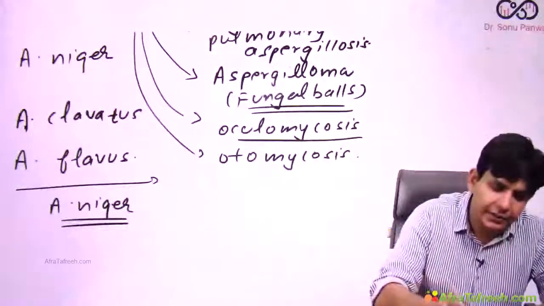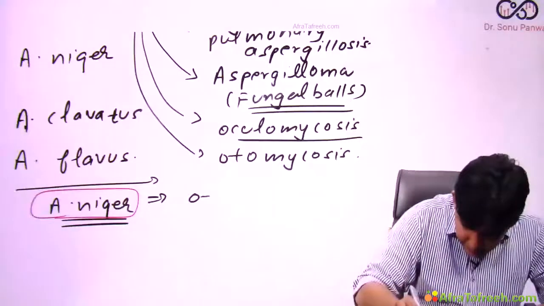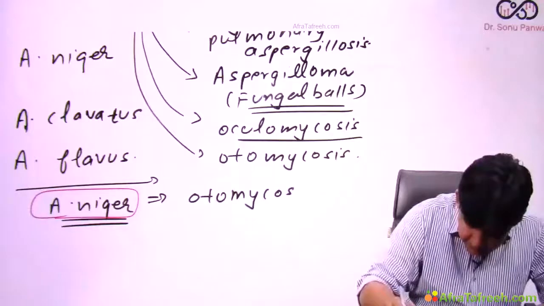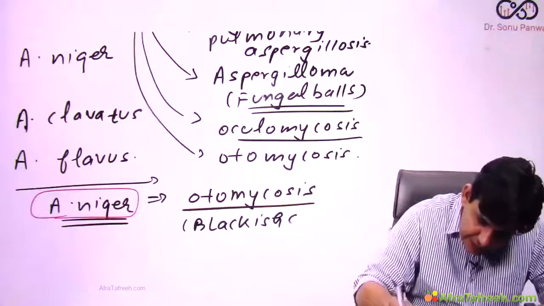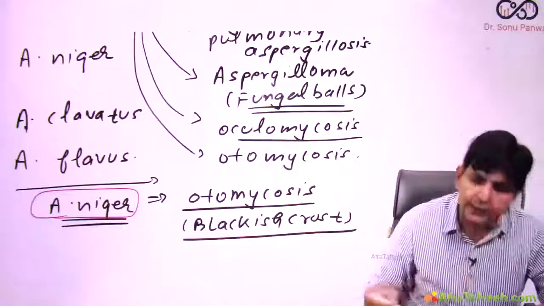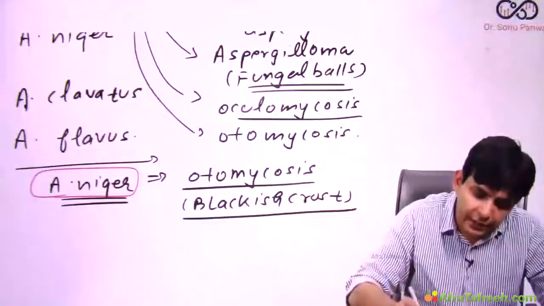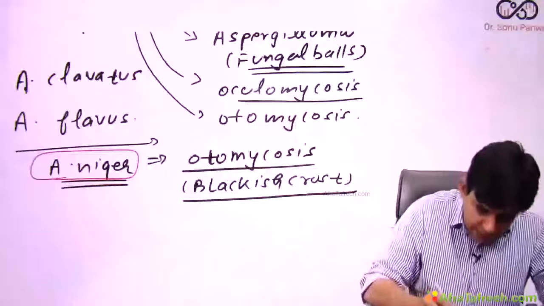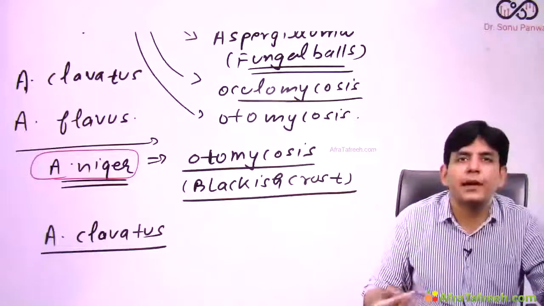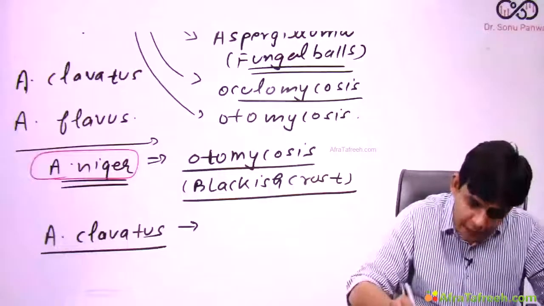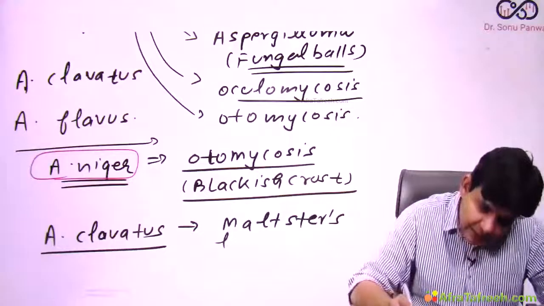And Aspergillus niger, you need to remember, relates only with otomycosis. Which type of crust is seen here? The blackish crust is seen in the Aspergillus niger otomycosis. Then there is Aspergillus clavatus.